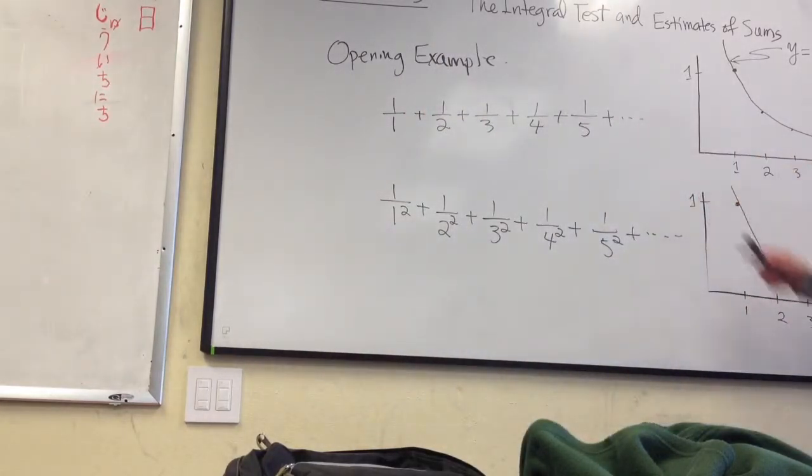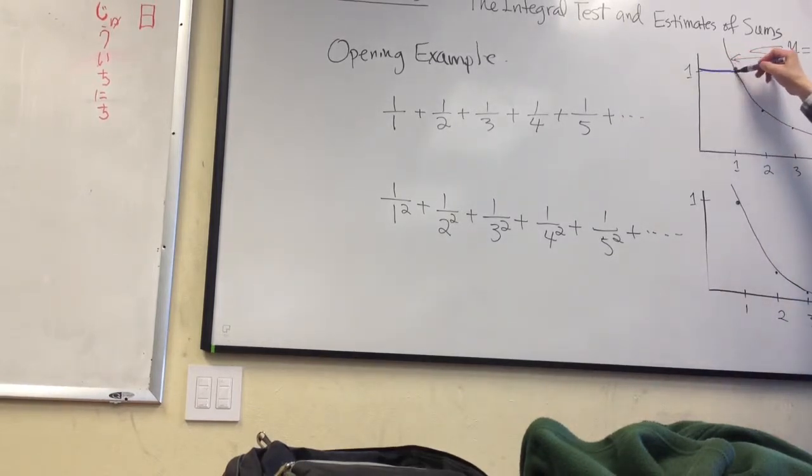I can interpret this sum in two different ways. First way, can it be written as the sum of these areas? Do you agree? That's one way of doing it.